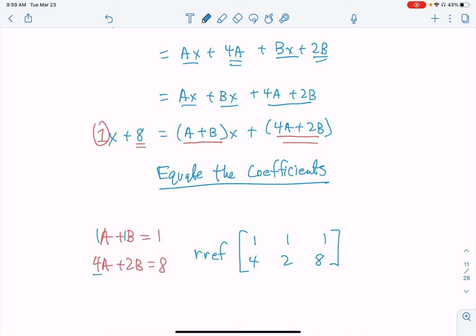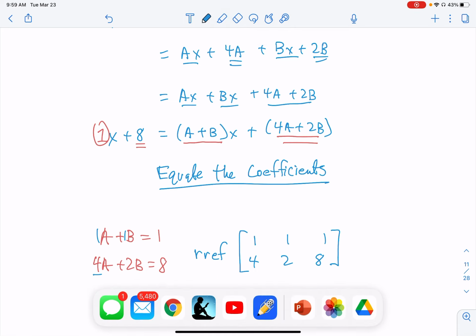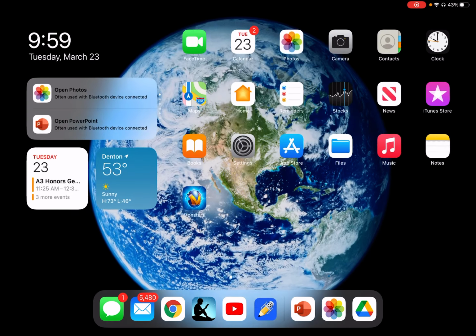All right, so let me just throw this into the calculator here and see what it gives us. And it should match up exactly with whatever it was that we got originally.